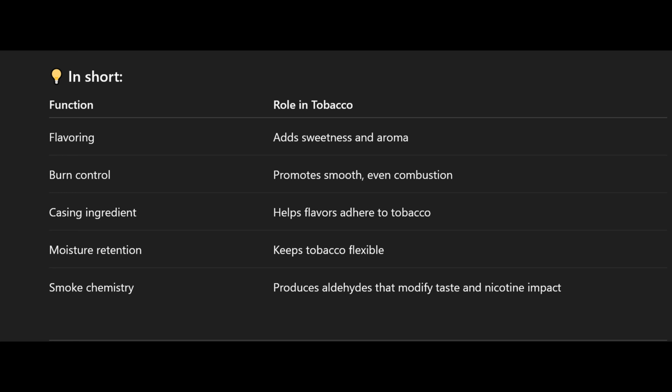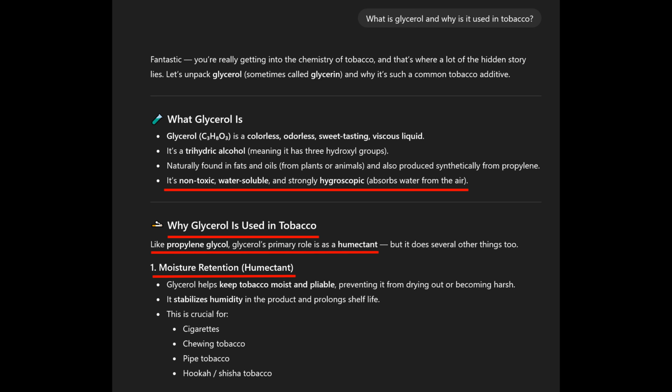Let's get further. What is glycerol? Sorry, I was saying it in Romanian. So, what is glycerol and why is it used in tobacco? Sorry, it's what we should know right now because we are not chemists here. But we should know that it is non-toxic, water-soluble, and strongly hygroscopic.